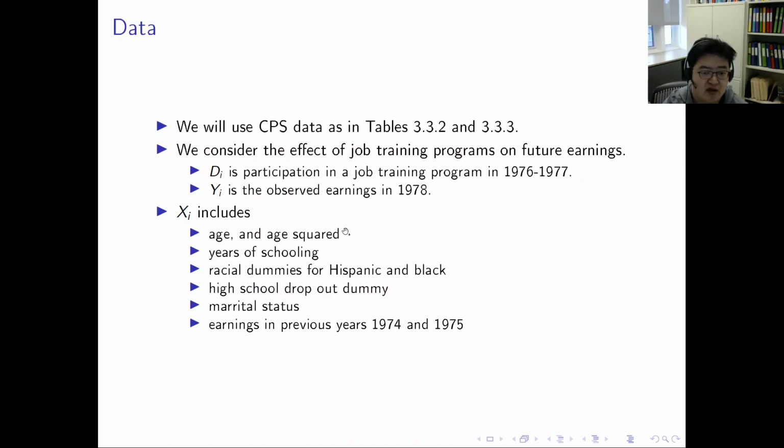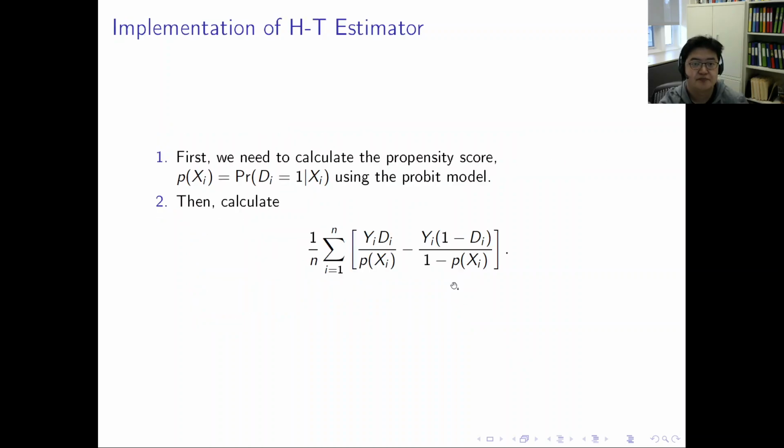Anyhow, these variables are the same set of variables used in the table that I mentioned in the previous page. And by the way, those data can be downloaded from the author's webpage. So Joshua Angrist's webpage has the data on the web. So if you are interested, you can download it, right?